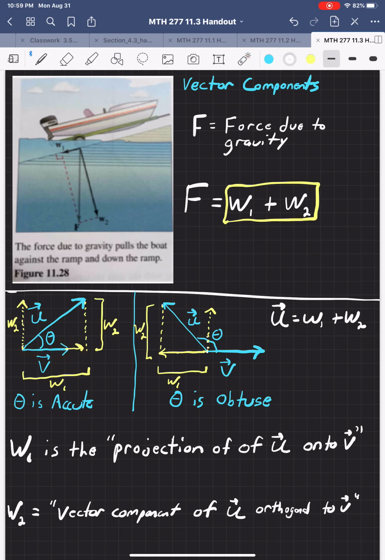So another property, w sub 1 is parallel to v. Also, w sub 2, let's take a look at w sub 2. W sub 2 is, in each case, orthogonal to v.